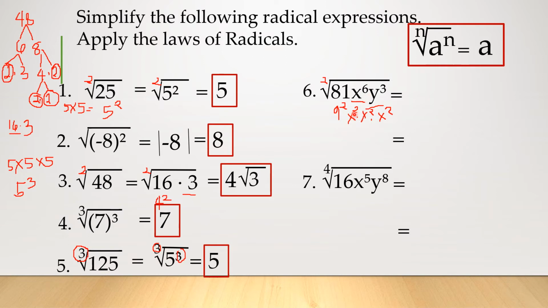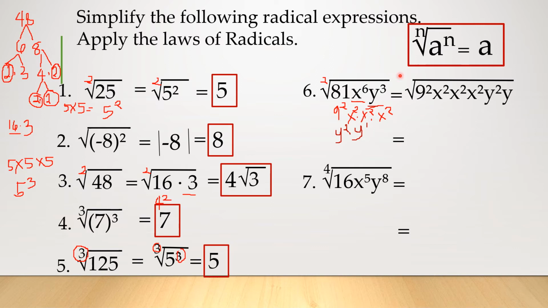And y cubed, you can write that as y squared times y. Understood there is 1 here, so 2 plus 1 is 3. So now we can rewrite it like that: 9 squared times x squared, x squared, x squared times y squared times y.